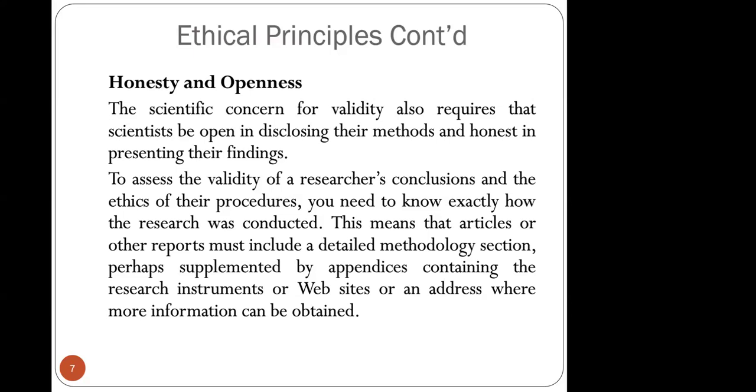Who are they? We are not talking about disclosing their names, but what are their characteristics? You need to provide that, okay? So we need that honesty and openness in disclosing their methods and honesty in presenting their findings.